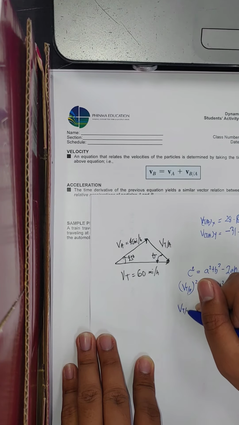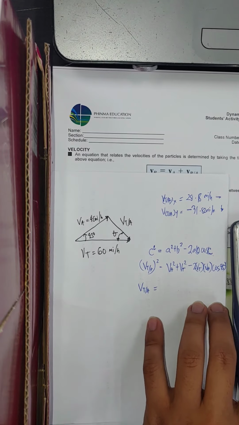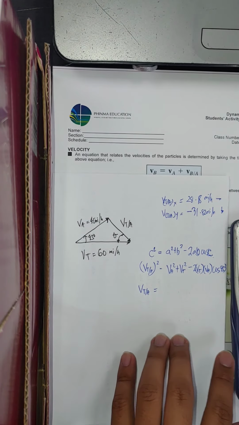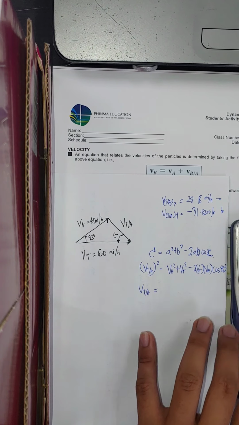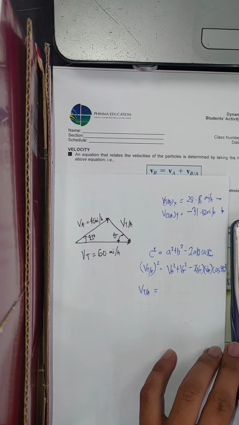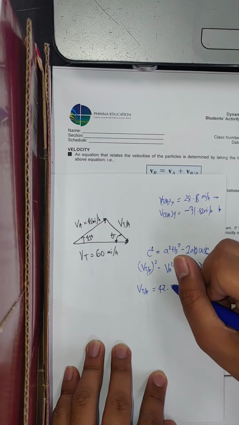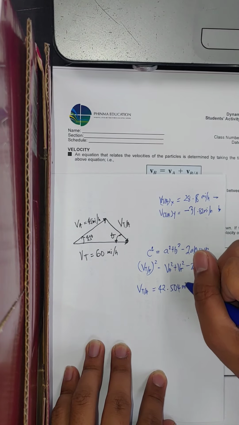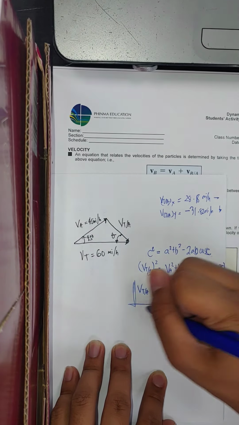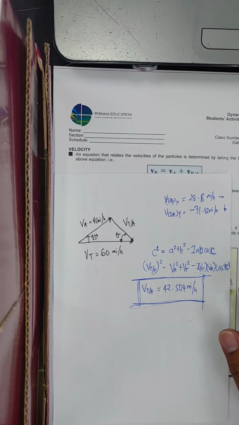So from this one, VT of A is equal to the square root of 45 squared plus 60 squared minus 2 times 45 times 60 cosine 45, which is 42.504 miles per hour. So this is the magnitude of the velocity of our train with respect to A.